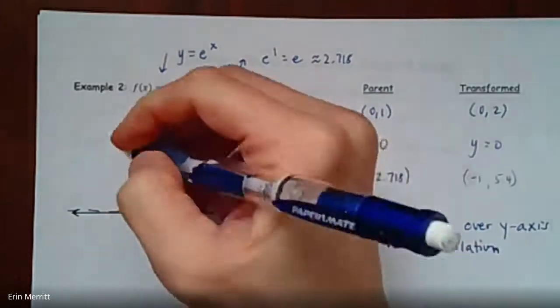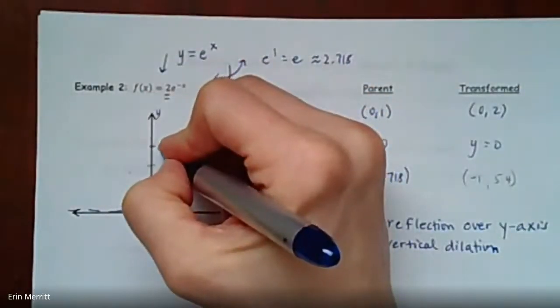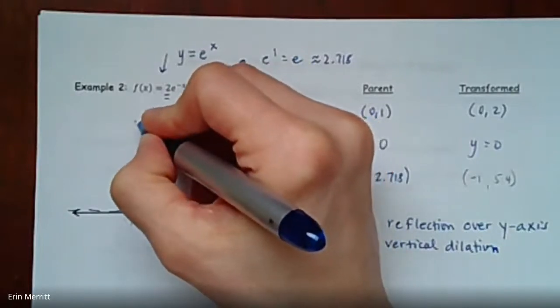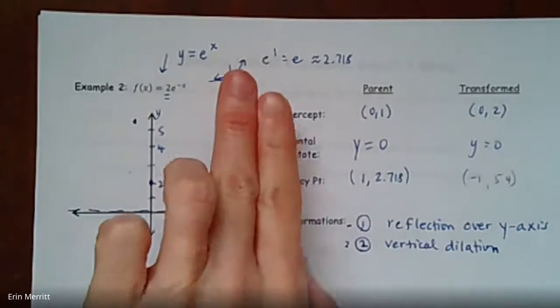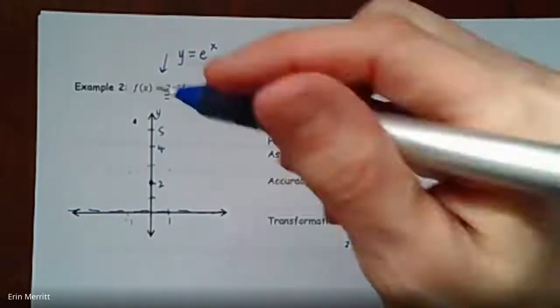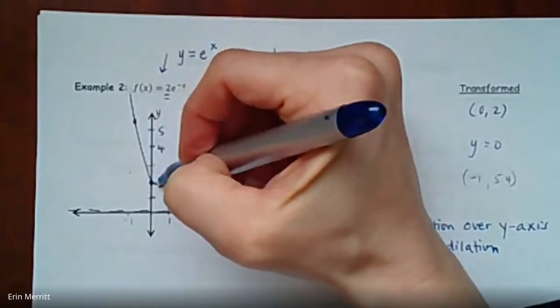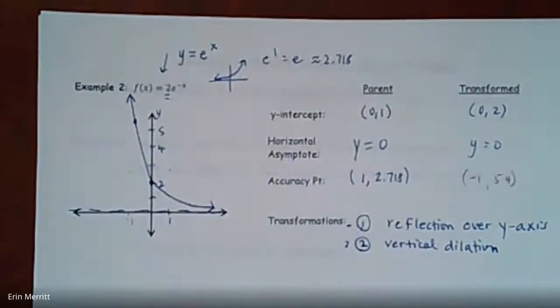So (-1, 5.4) approximately. So like here. All right, so think about what should happen. You took that little baby graph, you flipped it over the y, and then stretched it out a bit. It's going to look kind of like that right there. All right, we'll save the other one to chat about in class.